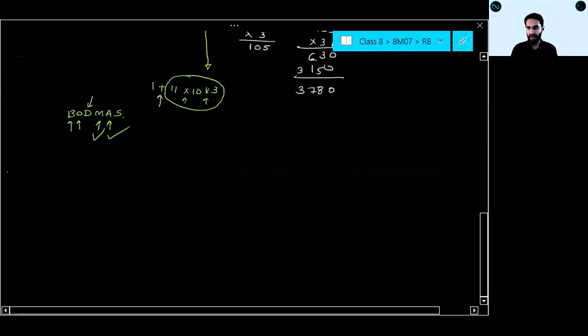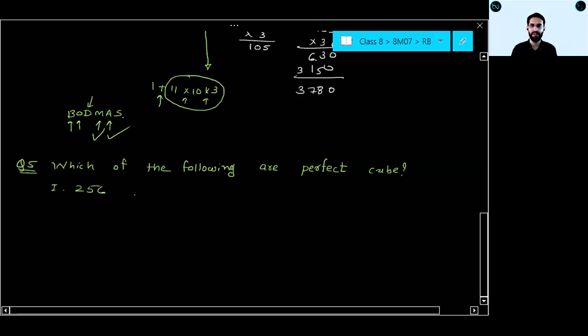So let us see your question number 5 now. Which of the following are perfect cubes? See here. The first number is 256.